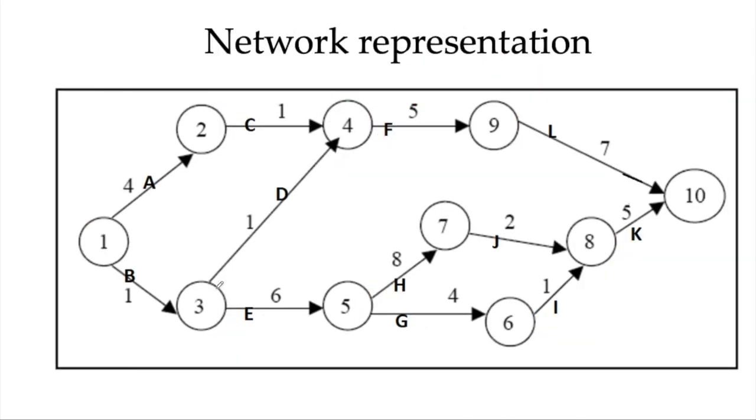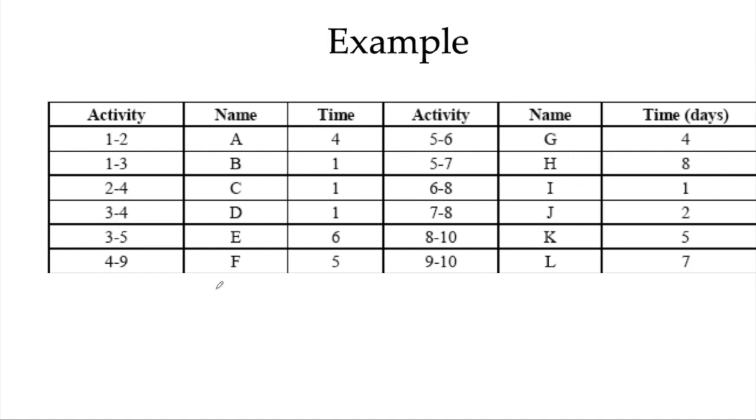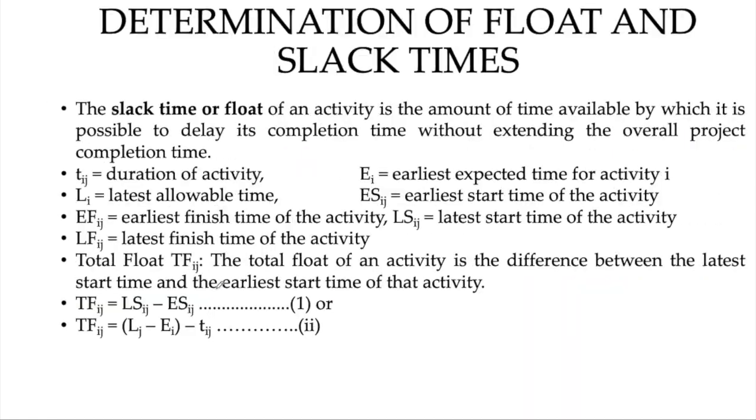Now, once these calculations are done, we can create the float. As we said, the float or slack time of an activity is the amount of time by which it is possible to delay the completion time without extending the overall project completion time.